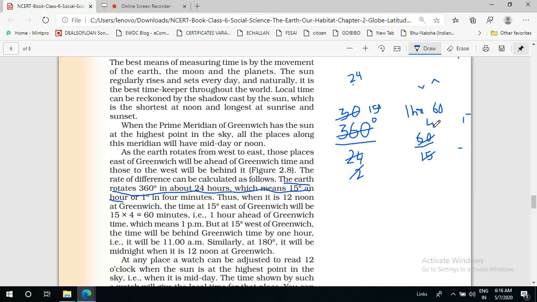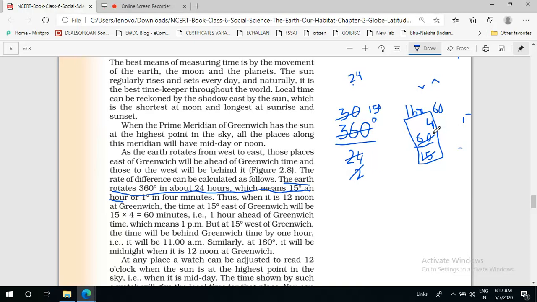So what is our answer? Earth will move 1 degree in 4 minutes. Okay, it will take 4 minutes for the earth to move 1 degree.